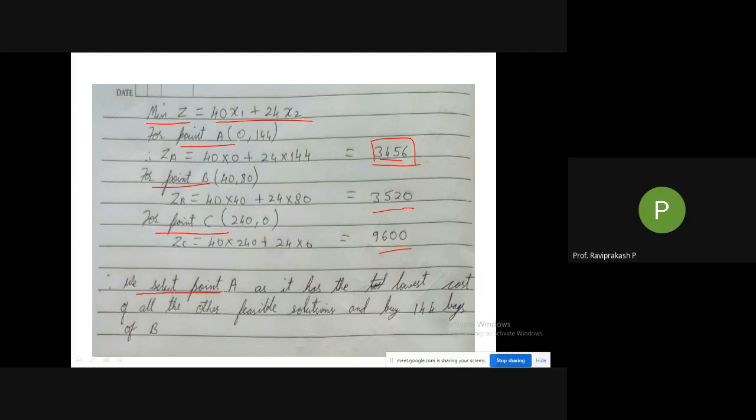So I have to select point A. We select point A as it has the lowest cost of all the other feasible solutions, and by 144 bags. So this is A, right?